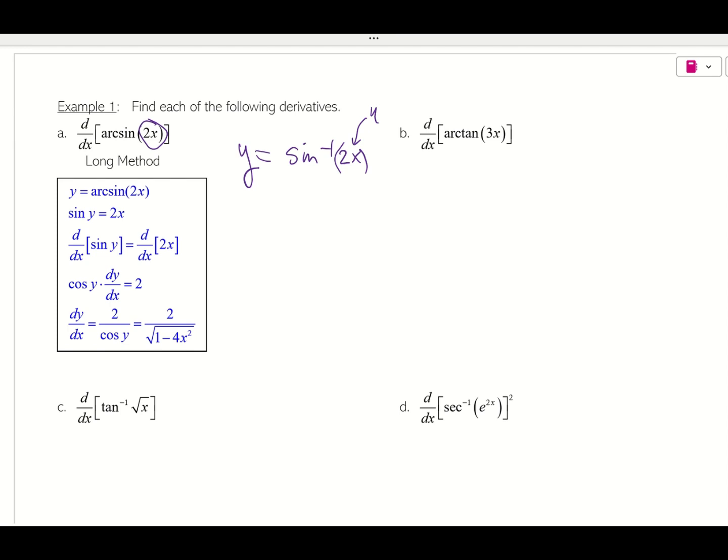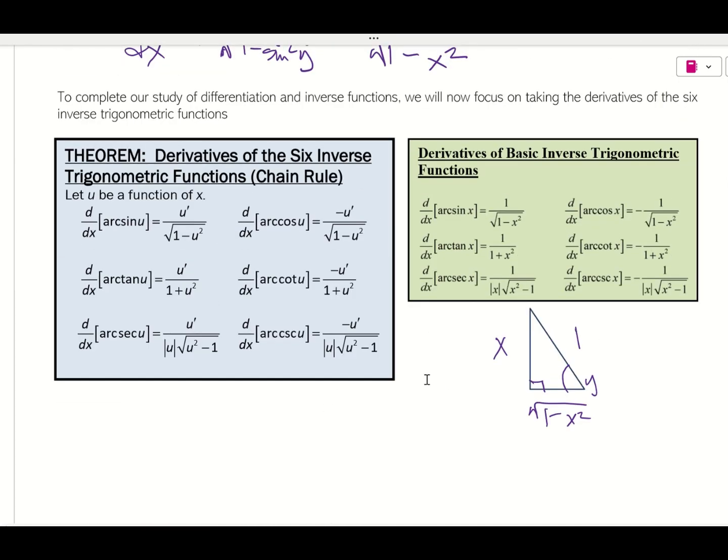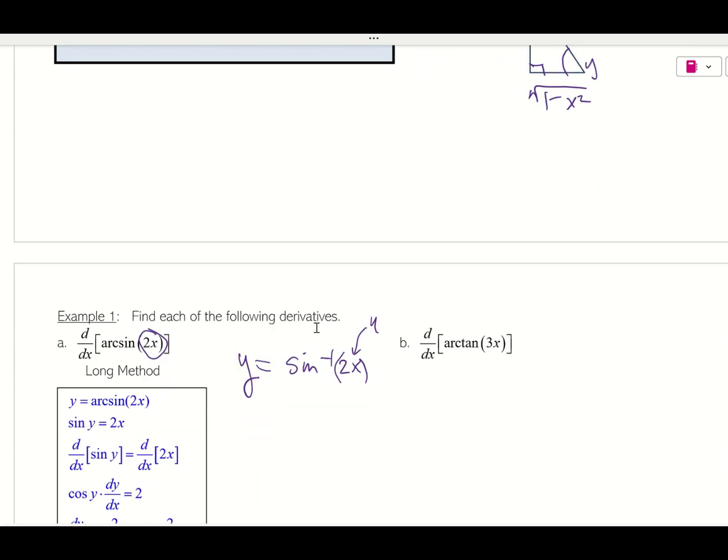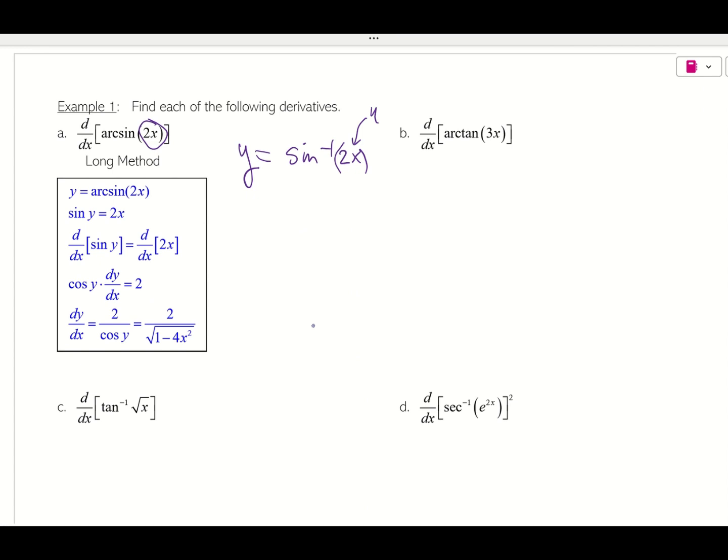So if I go back to the formula for inverse sine with a chain rule, it says that you should have u prime over the square root of 1 minus u squared. So that would just mean that y prime would be 2 over the square root of 1 minus 4x squared, because I'm squaring 2x. So that's 2x times 2x is 4x squared. And the derivative of 2x is 2. So then this would be my final answer.